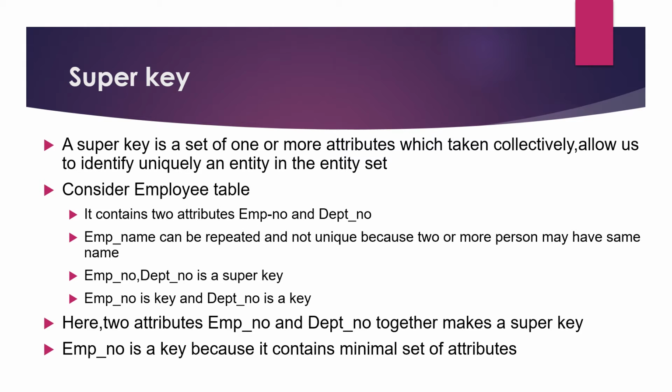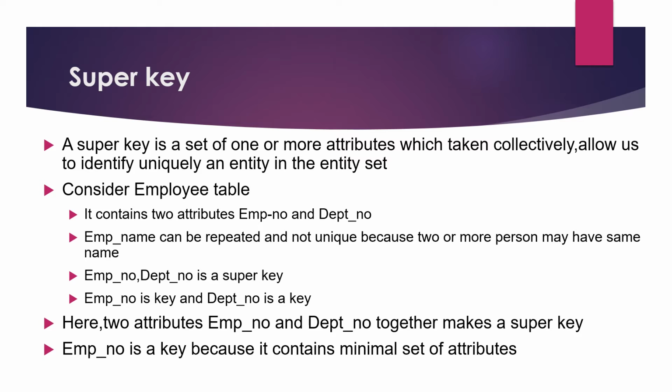There is one example. Consider an employee table. It contains attributes, that is employee number and department number. Employee name can be repeated and is not unique because two or more persons may have the same name. Then employee number and department number is a super key. Employee number is also a key and department number is also a key. Here two attributes, employee number and department number, together make a super key.